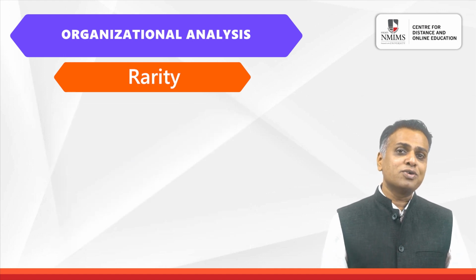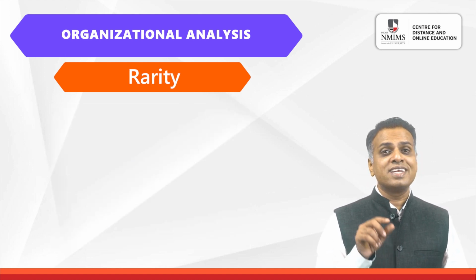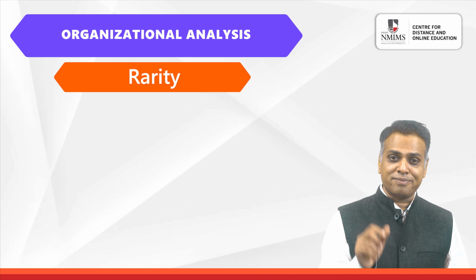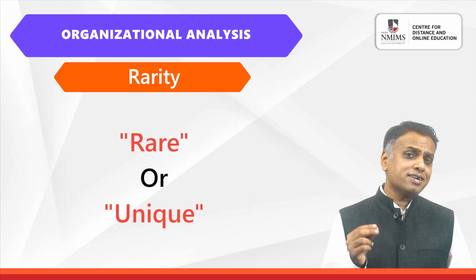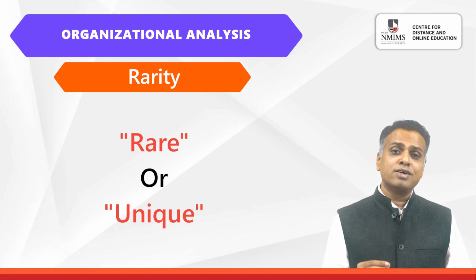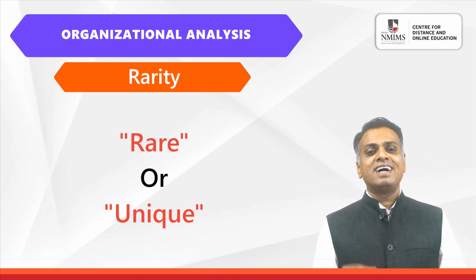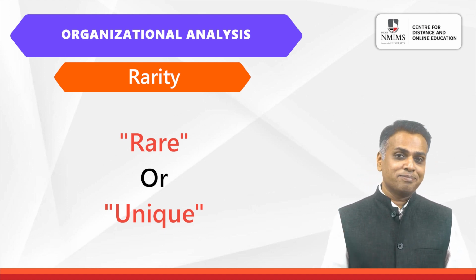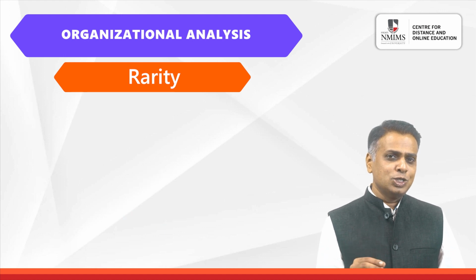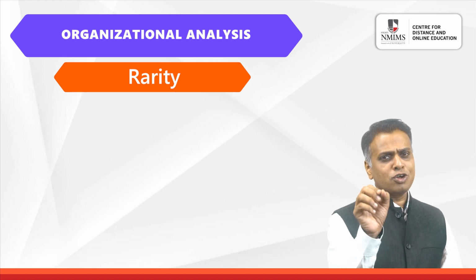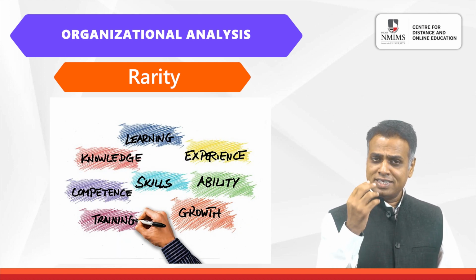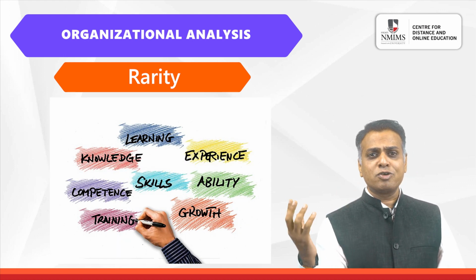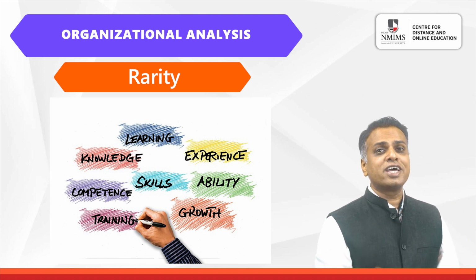Now let's talk about rarity. We are moving on to the next letter, which is R. R stands for rarity. Resources that are rare or unique within your industry are a valuable asset. Just imagine you have a strength in your organization in one of the skills that you possess. That is a rare skill that a large number of people in your organization don't have.